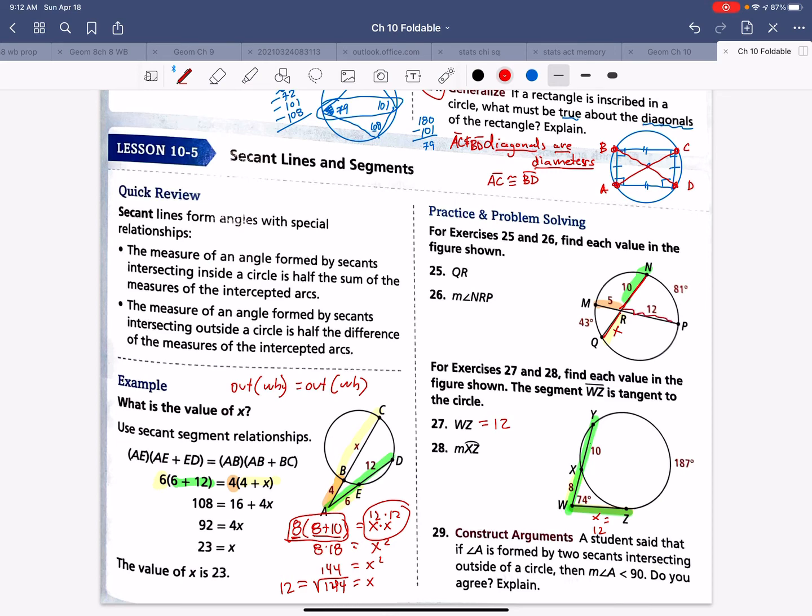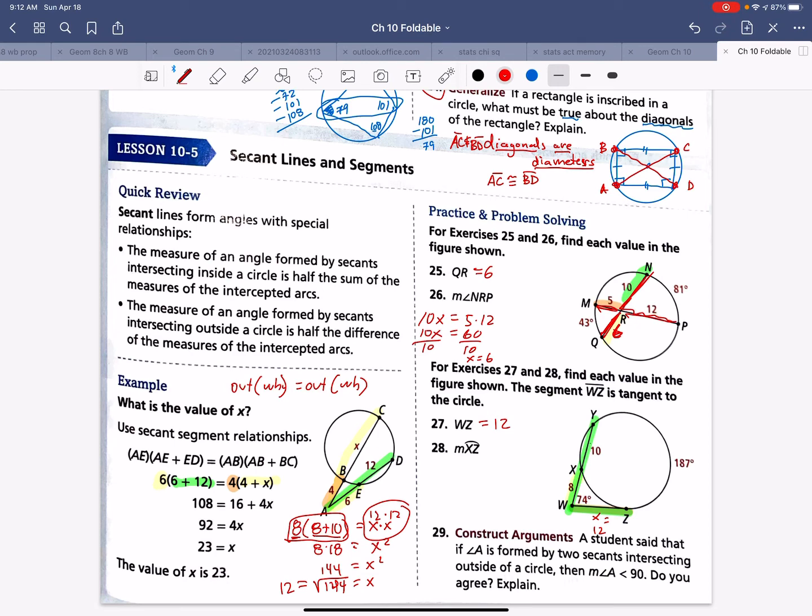So we can say 10 times X is equal to 5 times 12. So that'd be 60. And so X has to be 6. When we plug this in, we notice that 6 times 10 is 60 and 5 times 12 is 60.